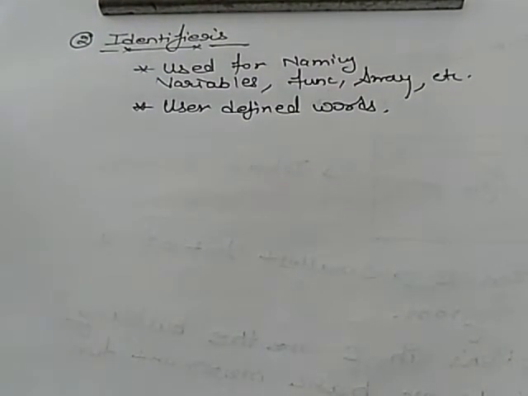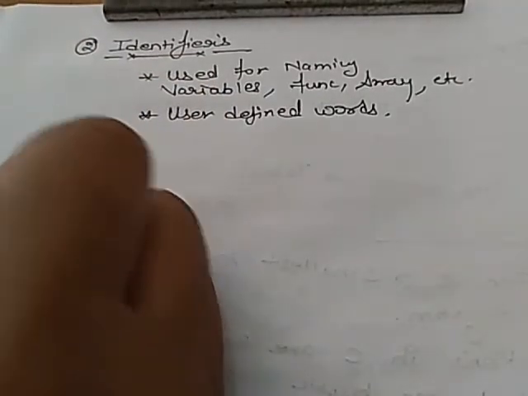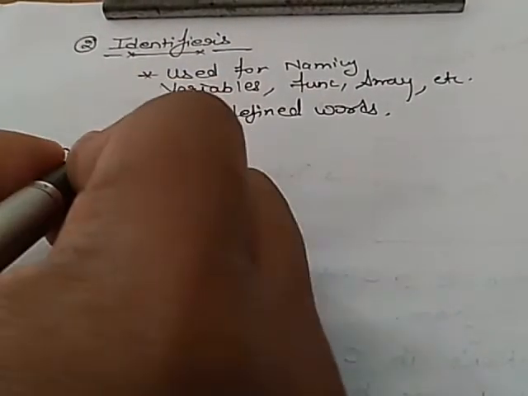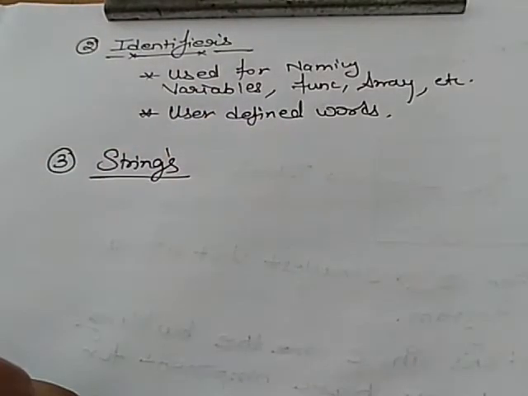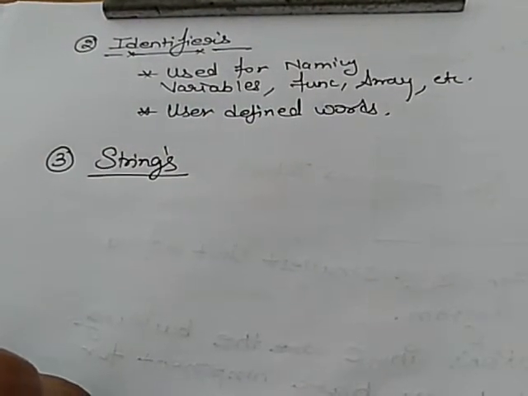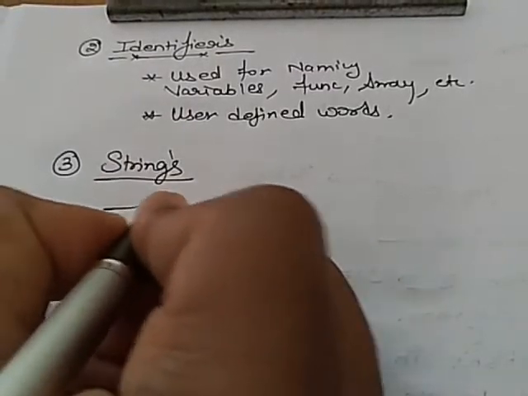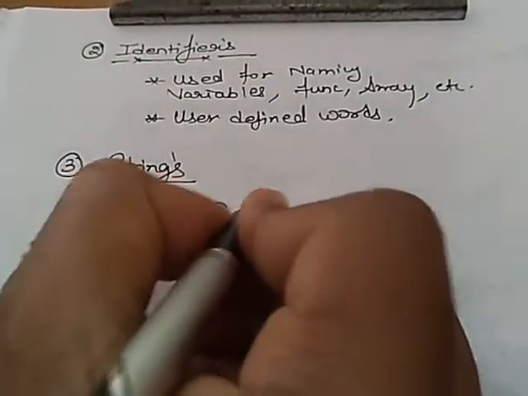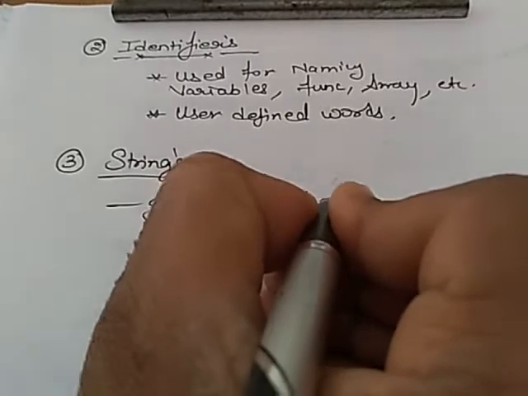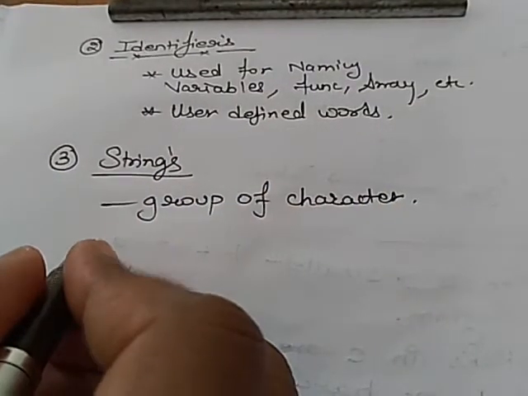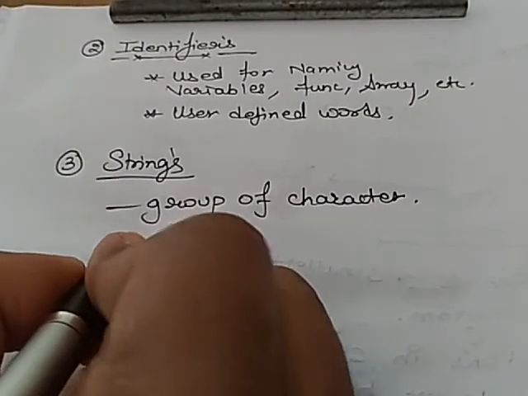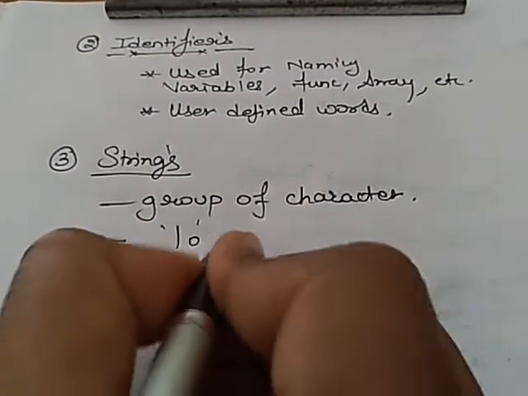Now, the third token in a C program is strings. As we know, a string is a group of characters, and at the end of a string there will always be a null character.